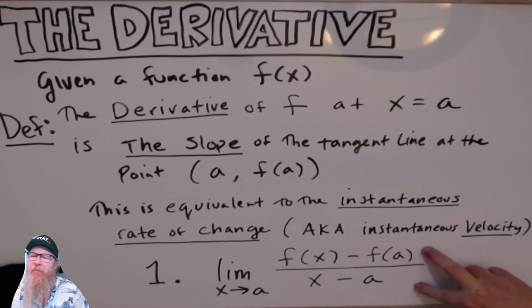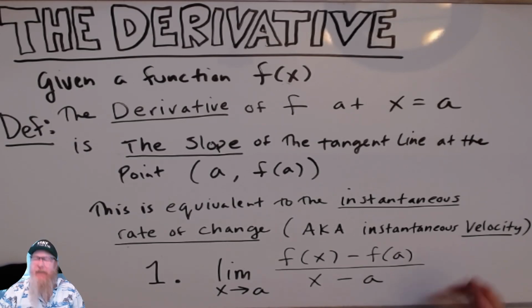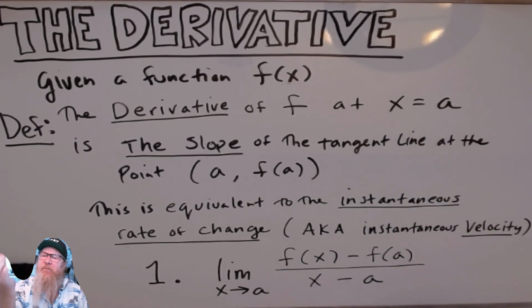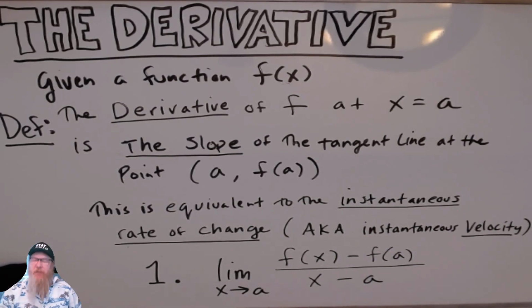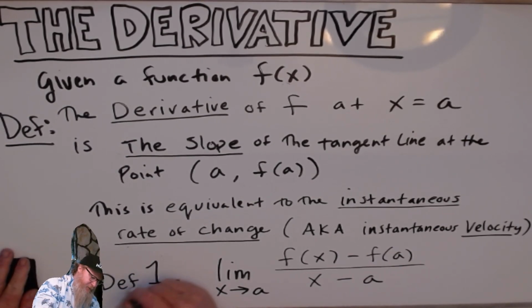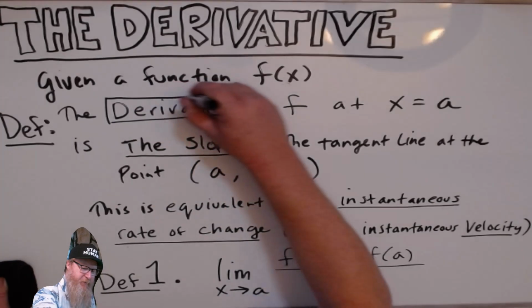So this is the slope formula, the average rate of change formula between two values, x and a. x is equal to a is the value which we are approaching. So x is getting closer and closer to this value, a. So we'll call that definition one, our first definition of the derivative.